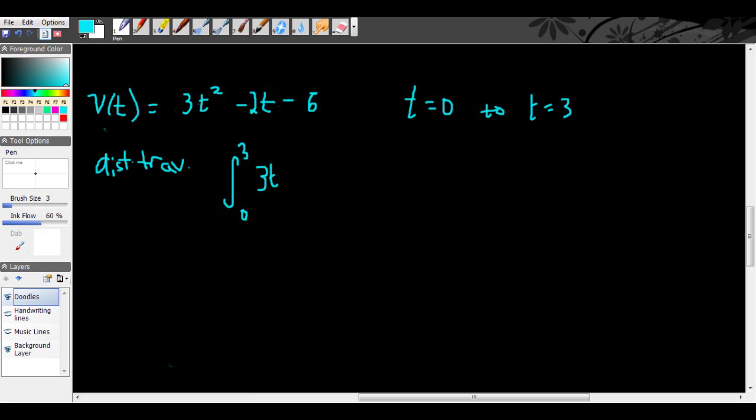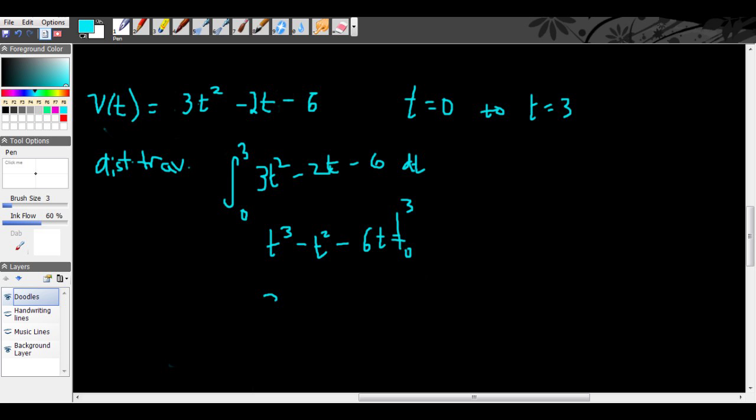So the integral of 3t squared minus 2t minus 6 dt, and integrating we get t cubed minus t squared minus 6t, from 0 to 3.